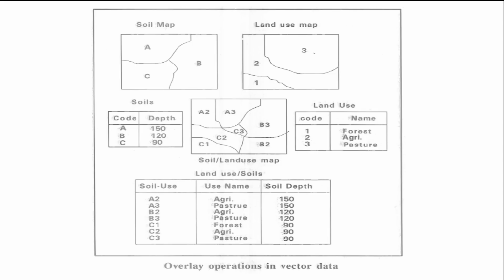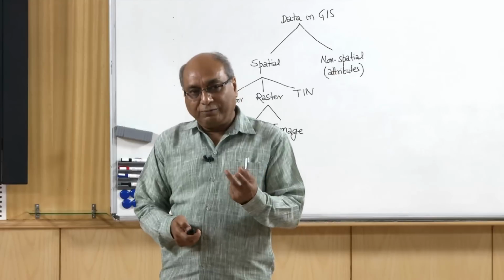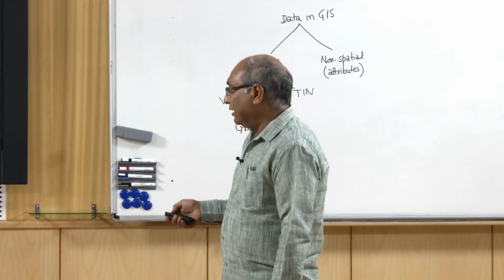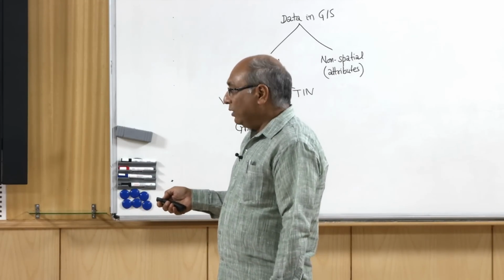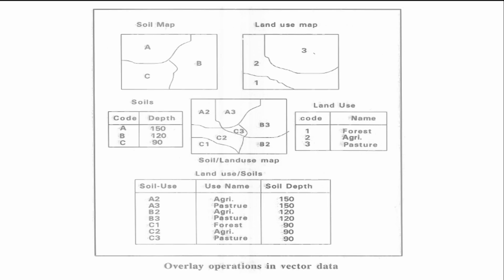When we overlay these one on another, like a transparent sheet, using your set theory concept or Boolean logic, then this intersection map will have 7 units in this particular example. So we started with 3 units and we ended up with 7 polygons.